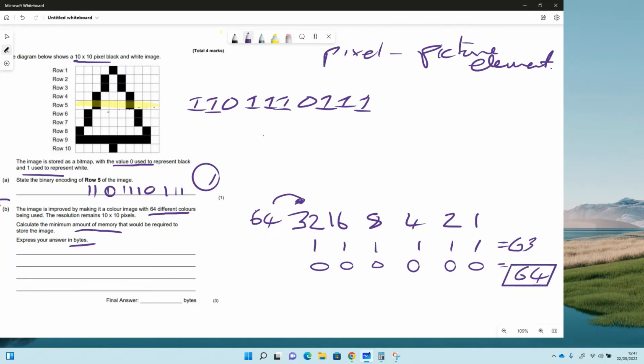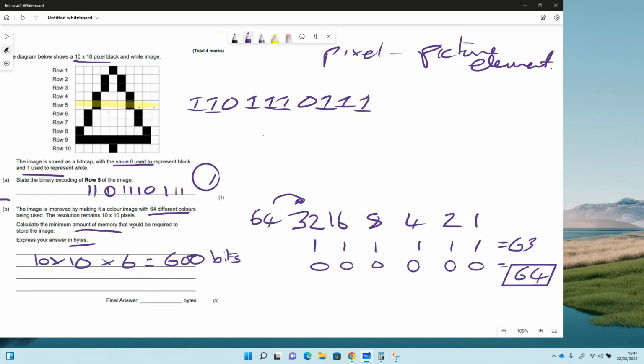So we need to calculate the amount. We've got a 10 by 10, and now we know that we need 6 bits for that. So 10 times 10 times 6 is 600, and these are bits.